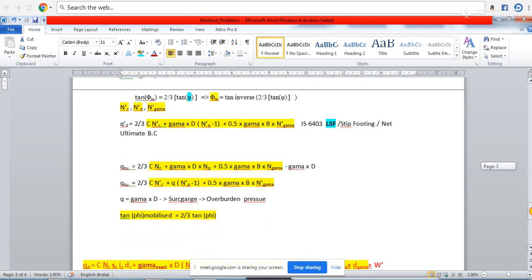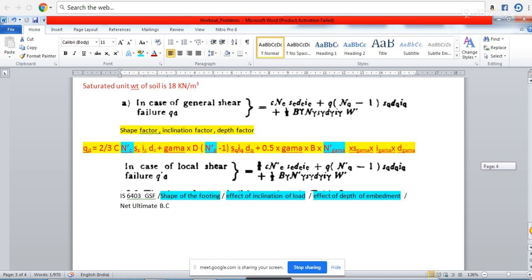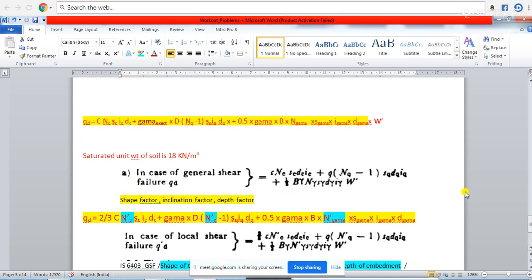So ideally, if you use the RW1 factor, it will be 0.5, and your unit weight of soil is 18 kilonewton per meter cube. So how much will your gamma become in that case?